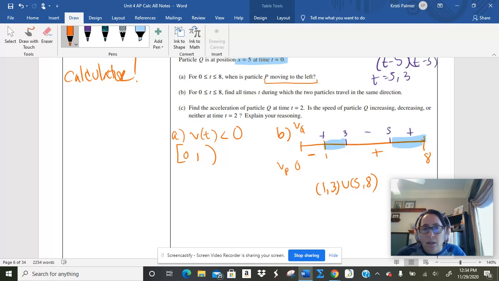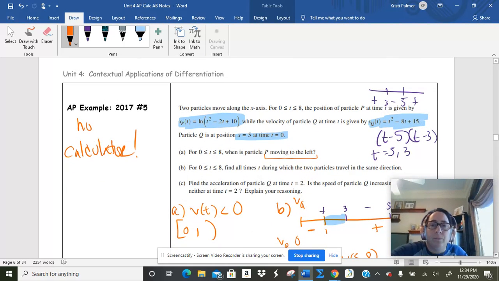C wants to know, is the speed of particle Q increasing, decreasing, or neither at t equals 2? Here it wants just Q, and remember this is the velocity. You have some options. You can sketch this velocity graph and find where it's going towards or away from the x-axis. You could take the absolute value of this and look for a positive slope.